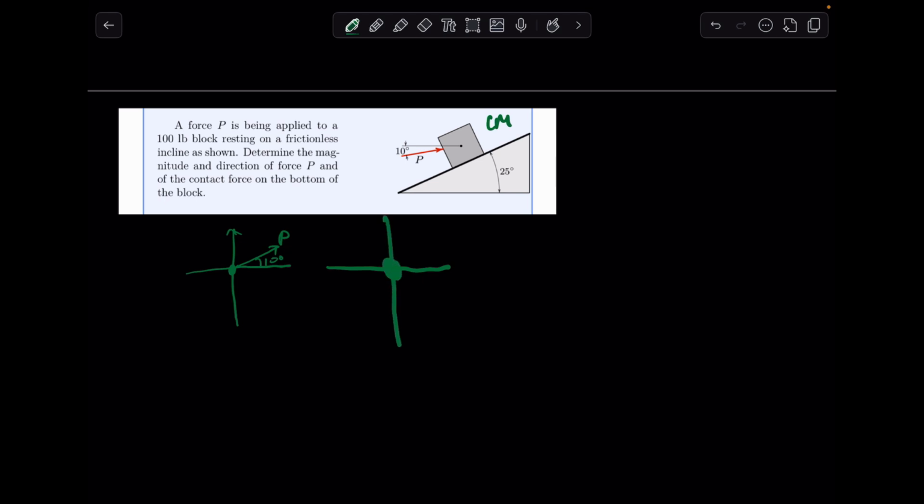So imagine we have our block here, and it's being applied like this, in this direction, right? So this is normal. And then if we add the other 25 degrees, what's this angle going to give us? Pretty much 115 degrees. So we know that this normal force is acting on our center of mass at 115 degrees, right there. This right here is 115 degrees. We're going to call it normal force N.